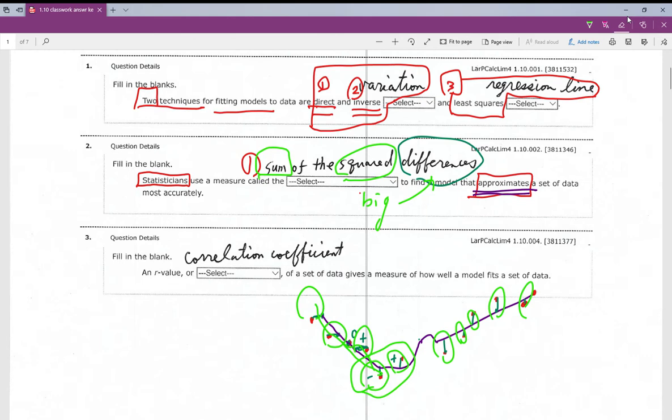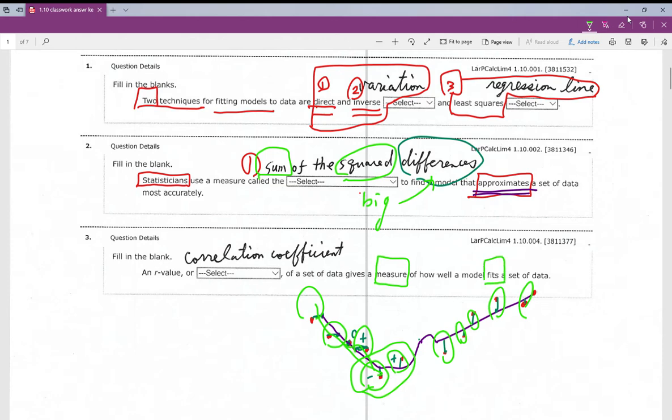Number 3 is something I cannot explain here in detail right now, but I can only tell you that after you set up the model and compare with the real life data, we have another way to measure if this model is a good model to fit the data or not.